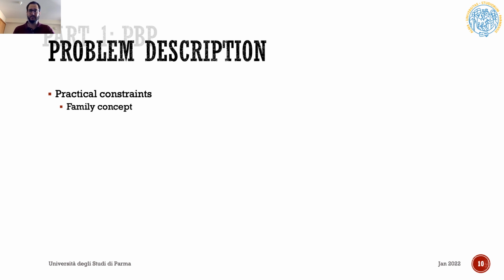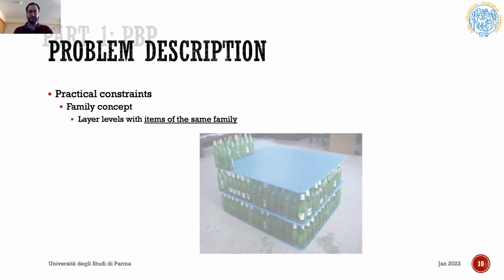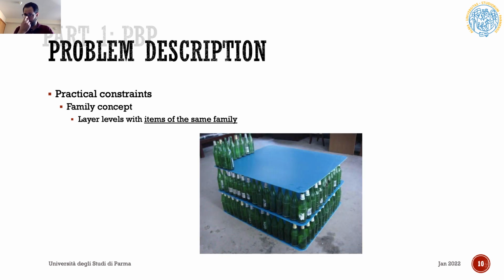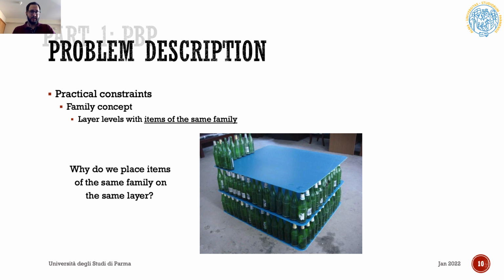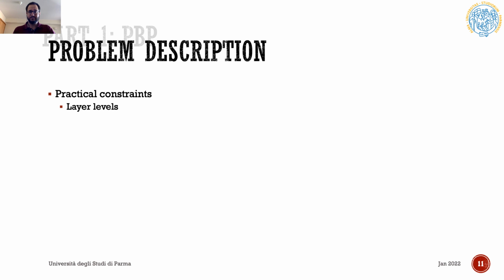There are several reasons. First, it allows to divide the pallet in smaller parts by using layer levels with items of the same family. This pallet, for example, is composed by 3 levels. This division simplifies the algorithm to create pallets. But why do we place items of the same family on the same layer?